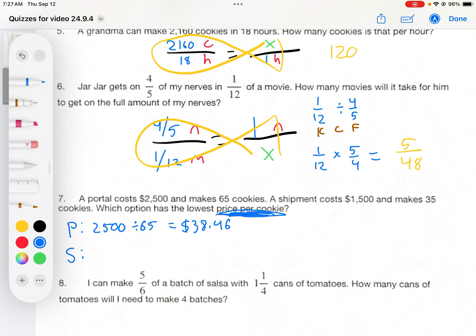Then we have a shipment which costs $1,500 and makes 35 cookies. So that's about $42.86 if you round it. Even if you're not that good at rounding, you should pretty well be able to see that the portal at $38.46 has the lowest price per cookie.